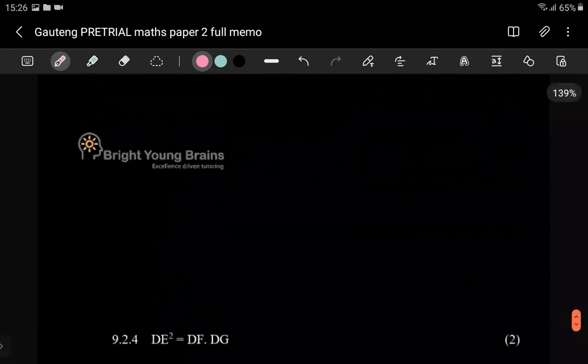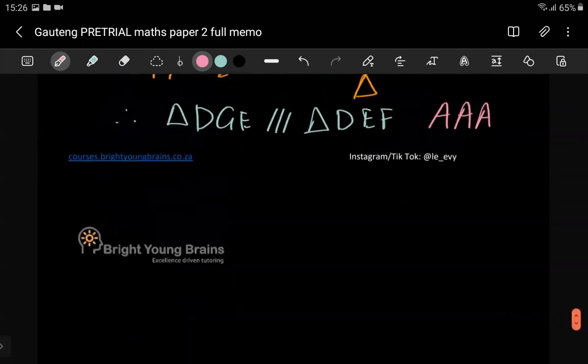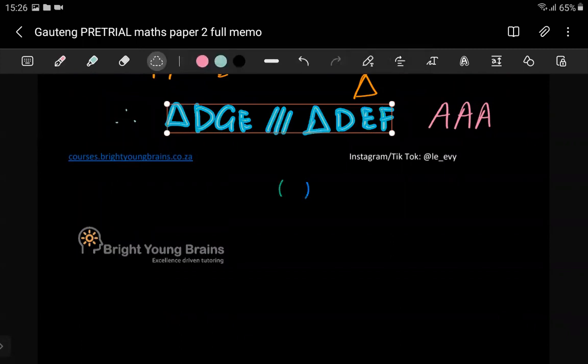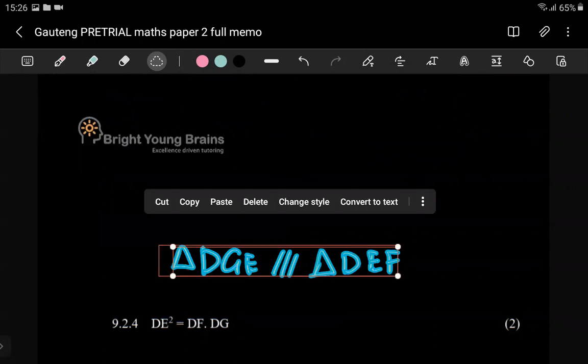So here, we need to prove that DE squared is equal to DF times DG. This is not a difficult task because as long as you have proven that your triangles are similar, you are always able to write out specific statements.